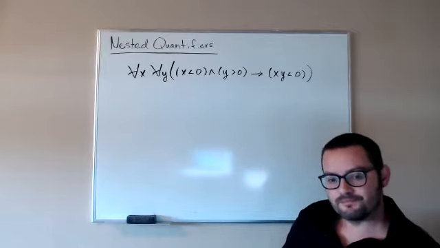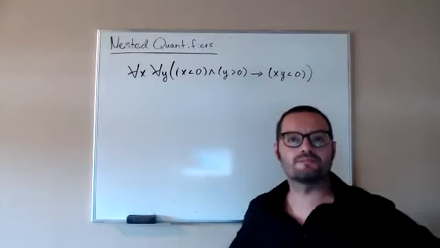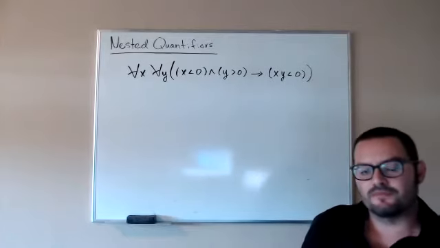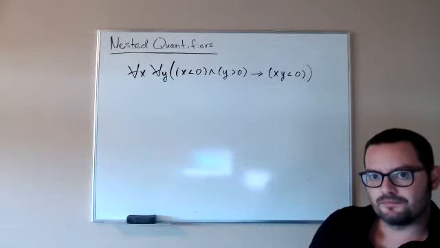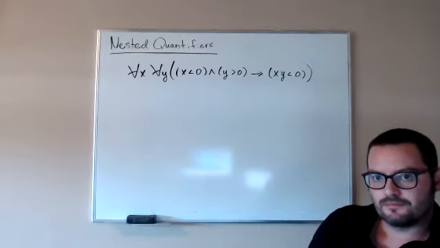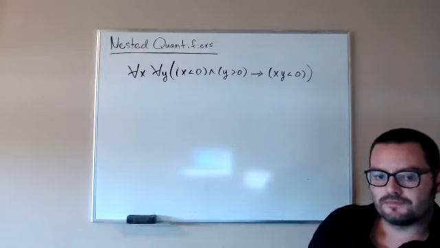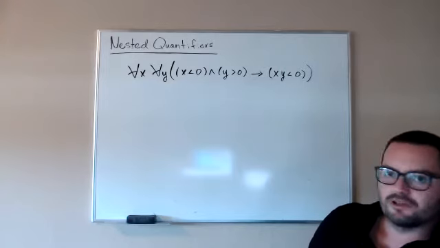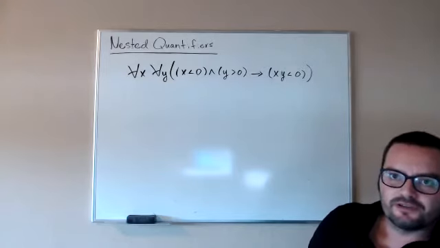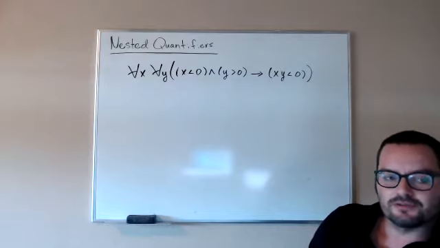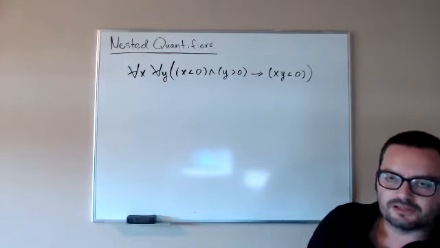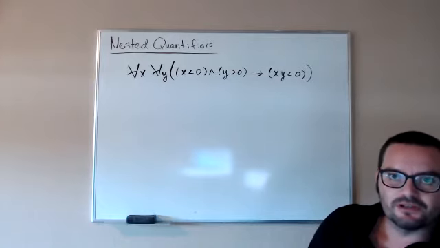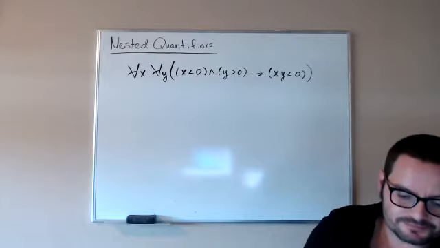Is it for all x and for all y, if x is less than 0 and y is bigger than 0, then x times y is less than 0? Exactly. Again, if we're dealing with real numbers here, this is a true statement. This is a tautology.